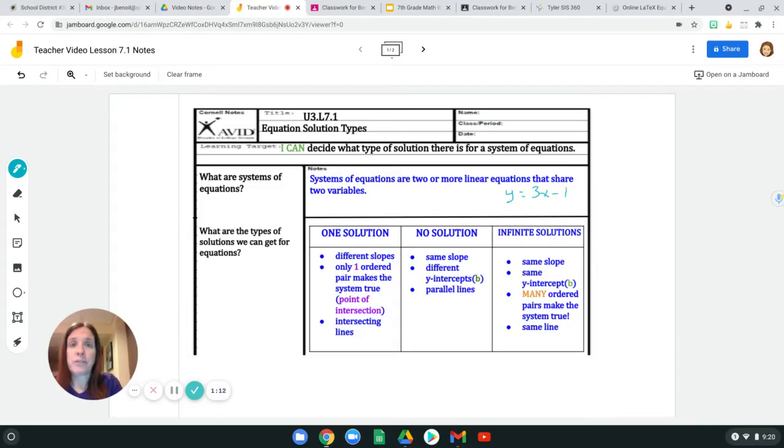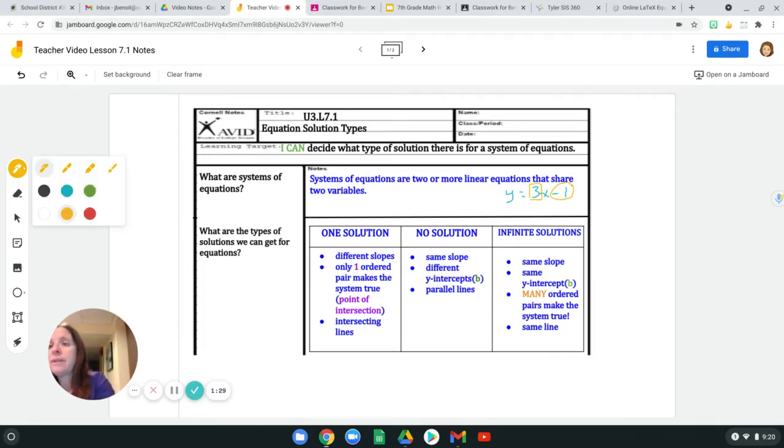From that, we could get the slope, which is 3 over 1. The slope is your m right here, 3 over 1. And the y-intercept is your b, negative 1.